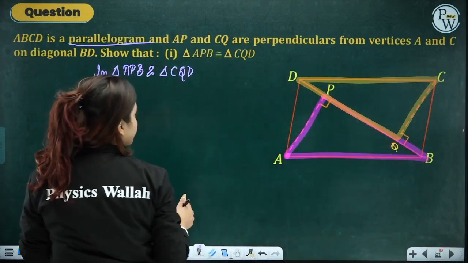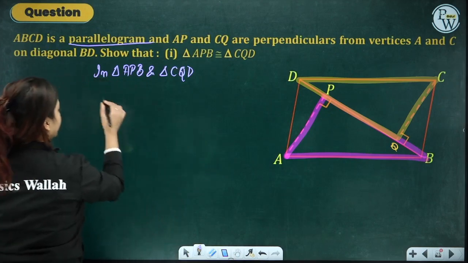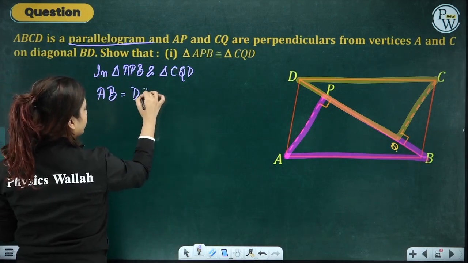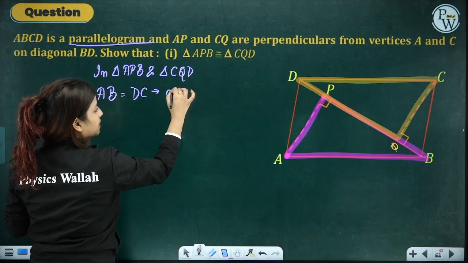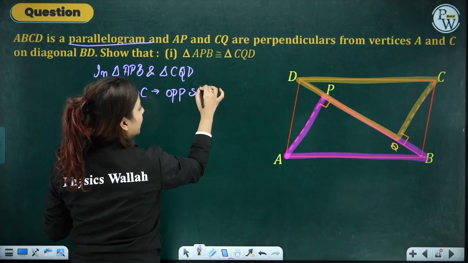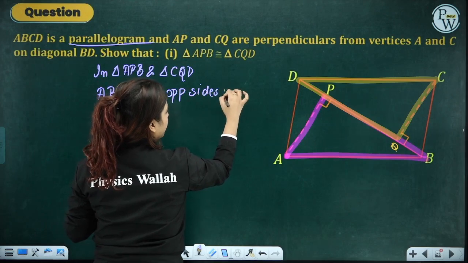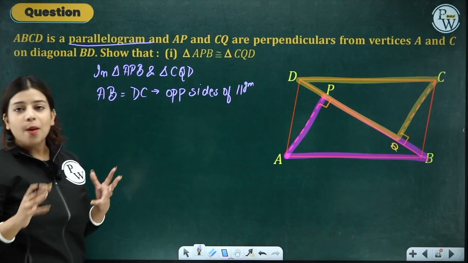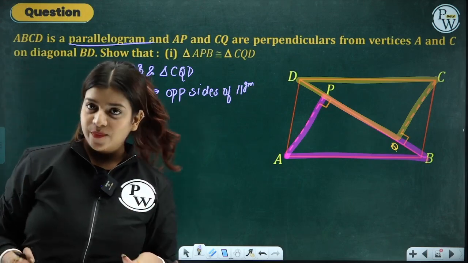The very first thing we can say is AB is equal to DC. Why? Because opposite sides of a parallelogram are equal.